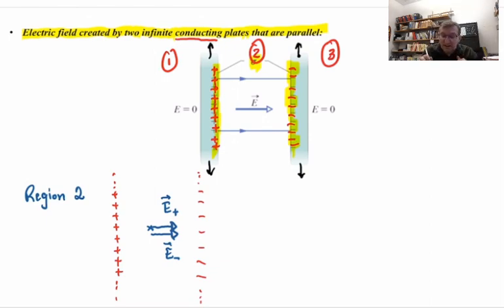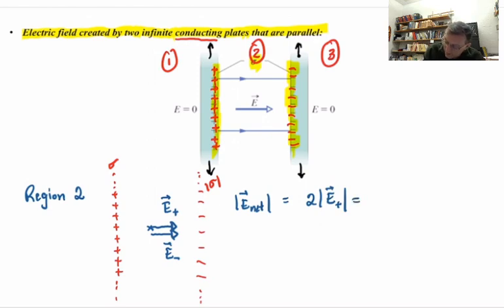But the two sheets have equal magnitude of sigma. And so the net electric field, right, magnitude of E net at any point in that interior region is 2 times the magnitude of either one of those fields, like that.